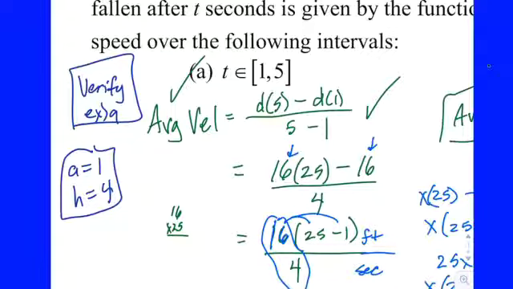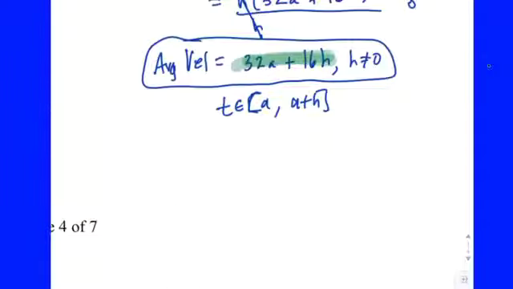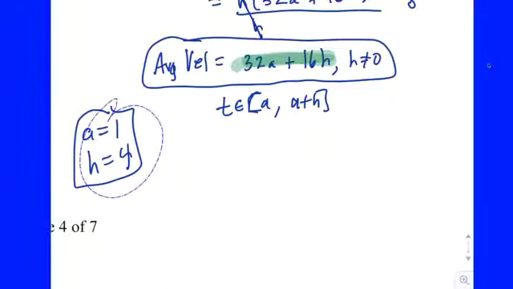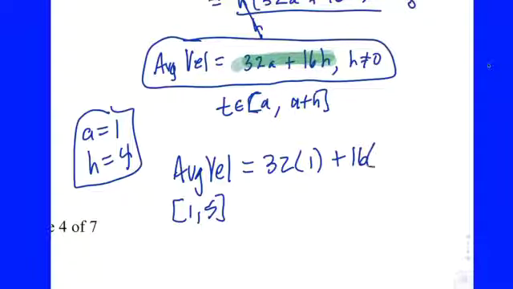So now, instead of evaluating the difference quotient that way, since I just found my handy-dandy formula, let's plug it in. So the average velocity of the function from 1 to 5 is going to be 32 times A, which is 32 times 1, plus 16 times H. What's H? 4.